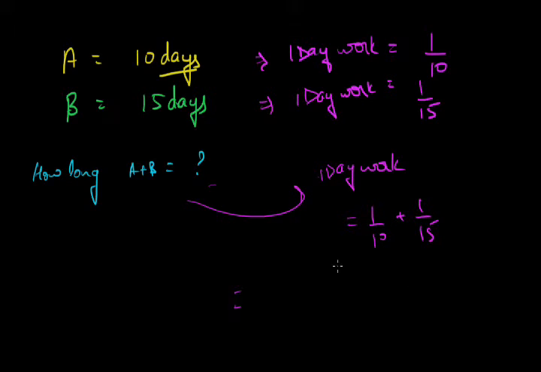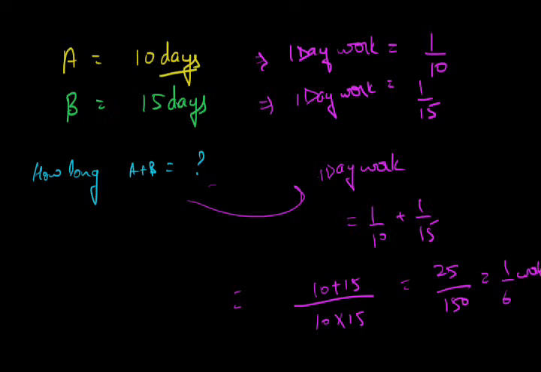Now, here we can take the LCM. The LCM is 30, but we'll just take the product here, 10 into 15. I'll tell you why I have done it this way instead of taking the LCM. So 10 plus 15 upon 10 into 15 is 25 upon 150, that is 1 by 6.